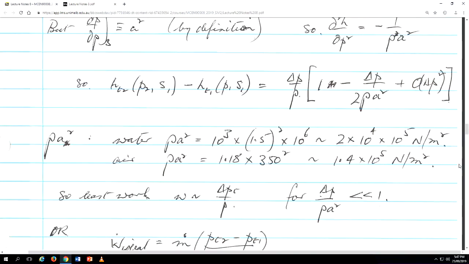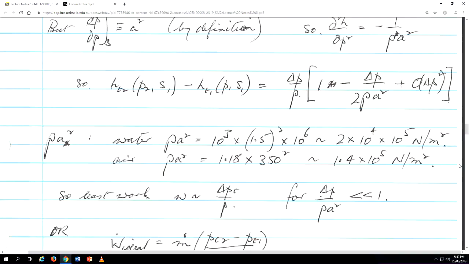With a water jet, you'd try and get right up to near the speed of sound in water. Whereas in air, rho is 1.18 kilograms per meter cubed, and a is about 350 meters a second, so that's squared, and it's about 1.4 by 10 to the 5th, so it's about 1.5 atmospheres.